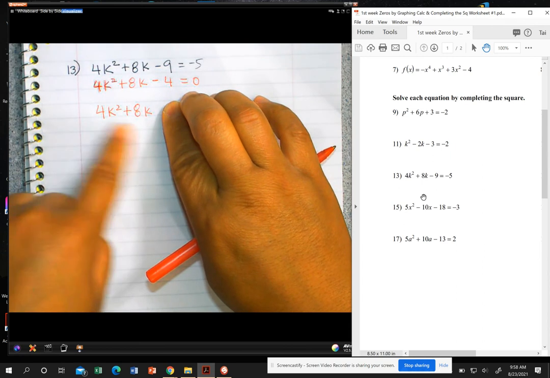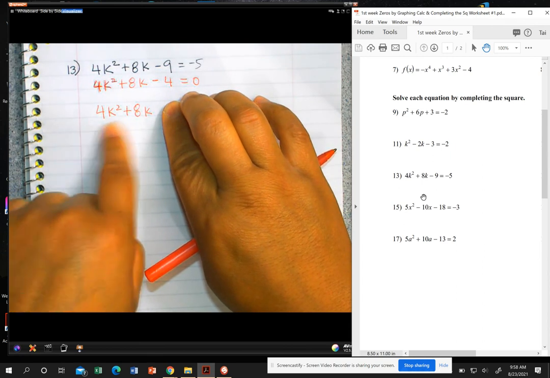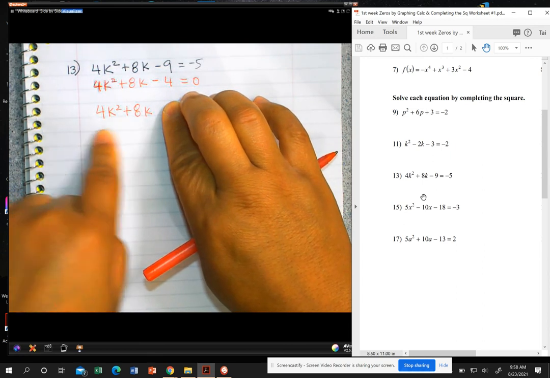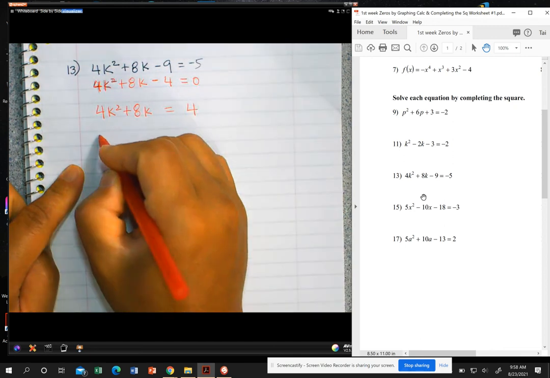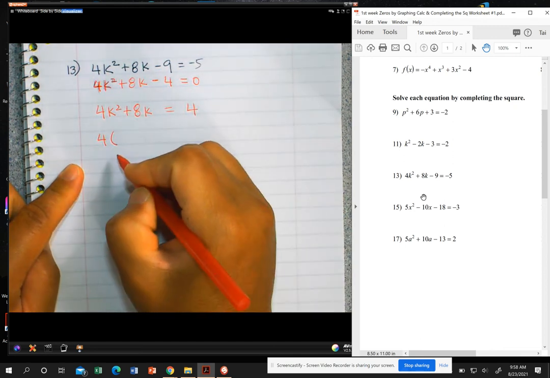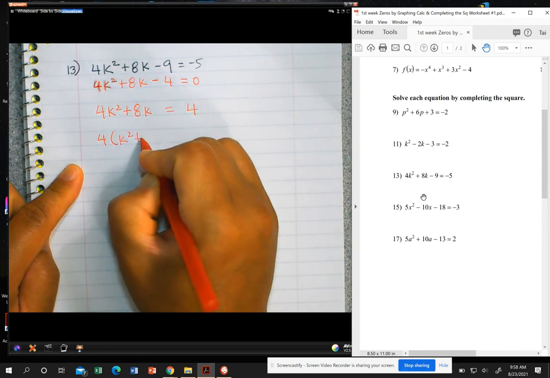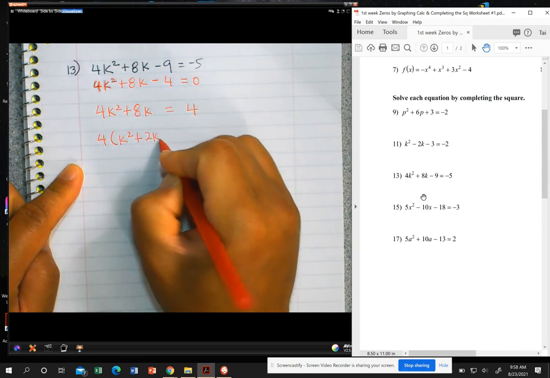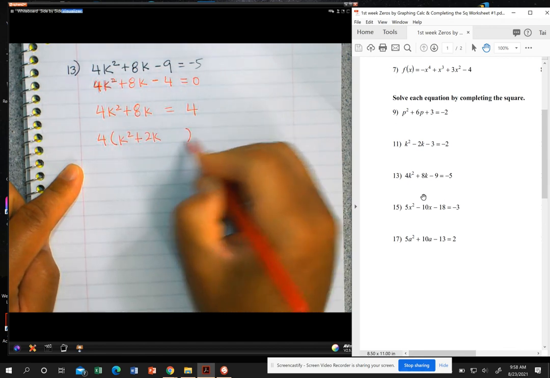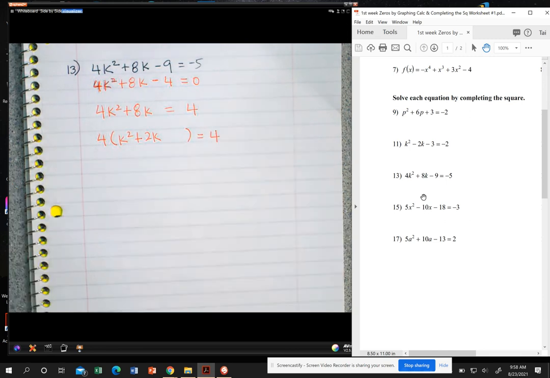What if you factor out an a? In this case, what is your a? 4. So it is 4 parentheses, what do you have left over? k squared plus 2k, and then you need to have a space in between, is equal to 4. Right there, like that.